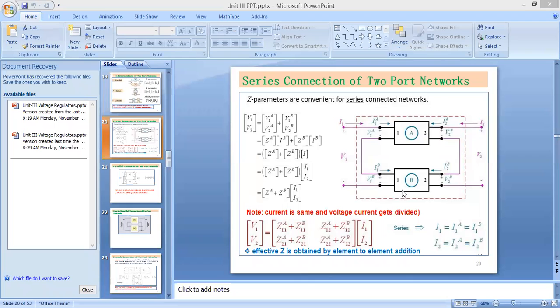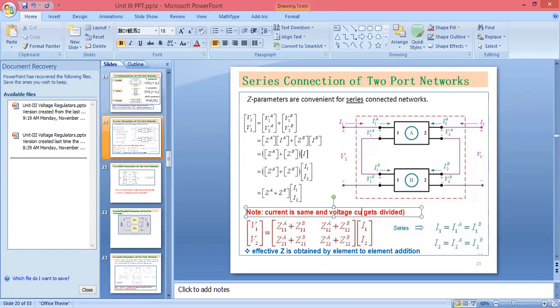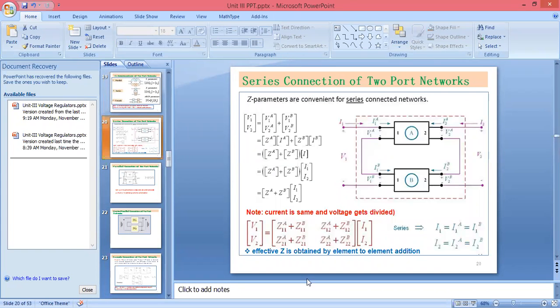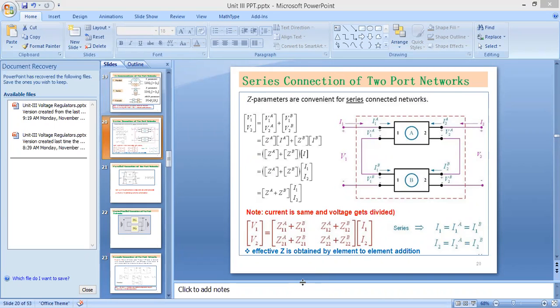Okay, you can see here when the elements are connected in series, at that time voltage will be divided and current will be same. I have written here current will be same and voltage gets divided here. So what we can do here, when there is a series connection, at that time voltage will get divided and current will be same.